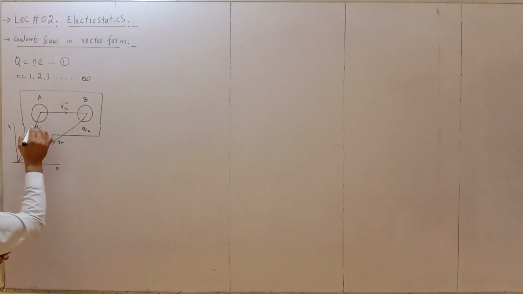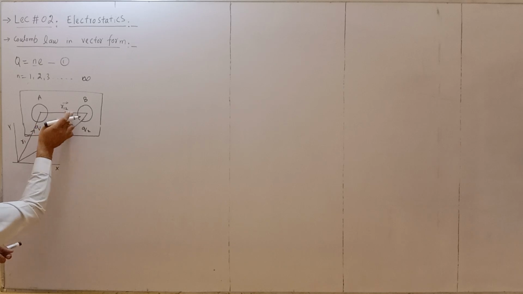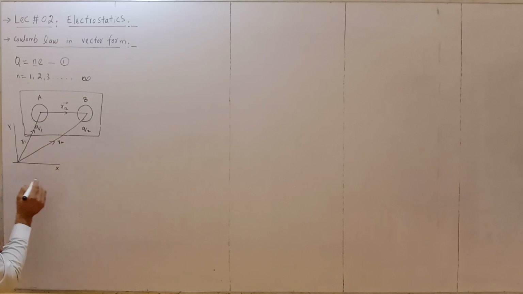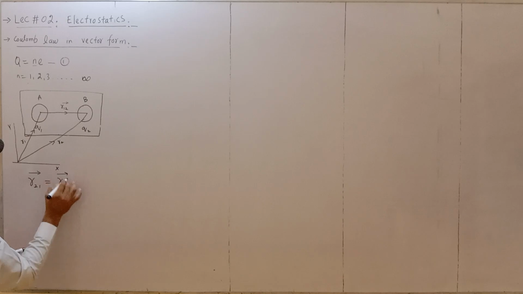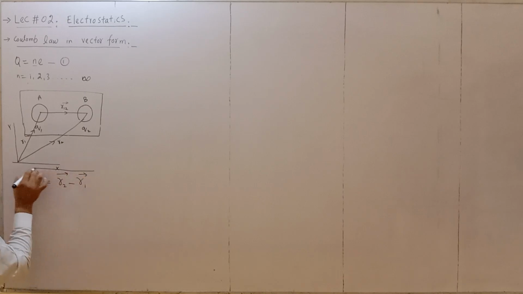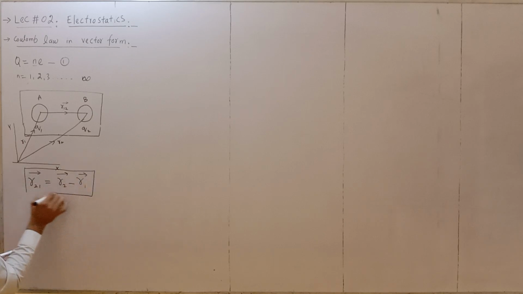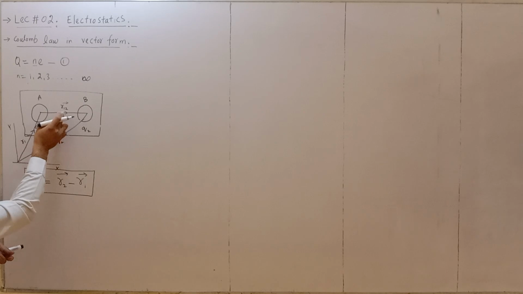So how can I calculate r12? Just by subtraction: the r12 vector will be given by r2 vector minus r1 vector. So here is a brief explanation of how I can calculate the vector by the algebraic method.